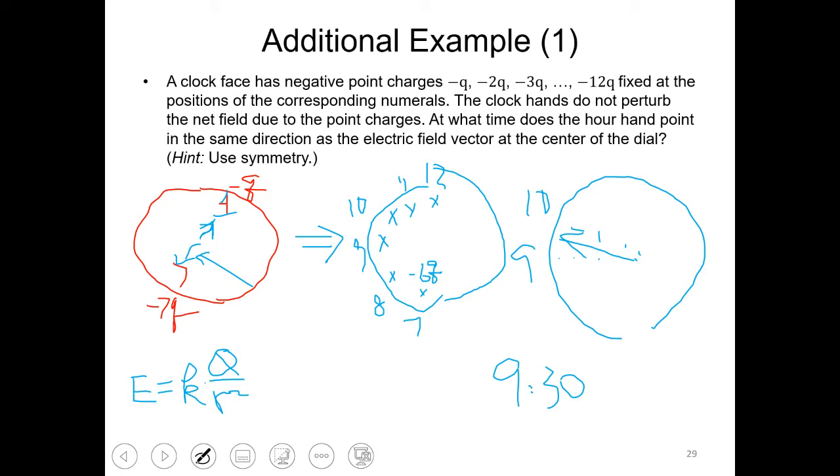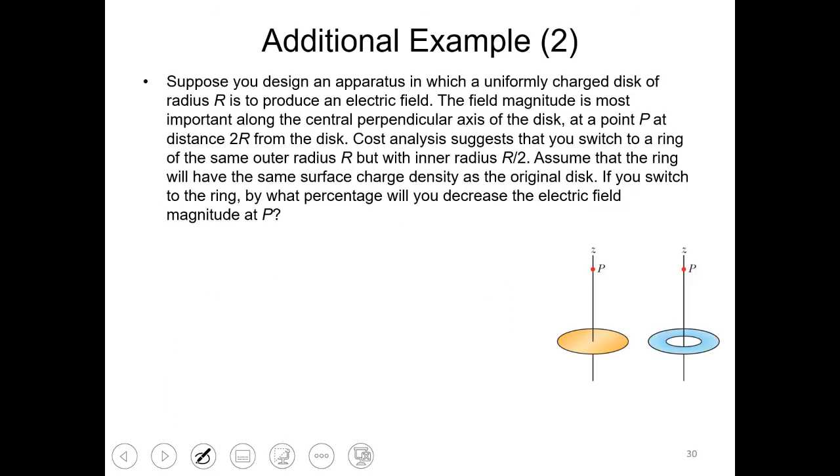I should speak quicker so that the clock will also point to 9:30. Okay, so let me also finish this one, and then we will have a short break.